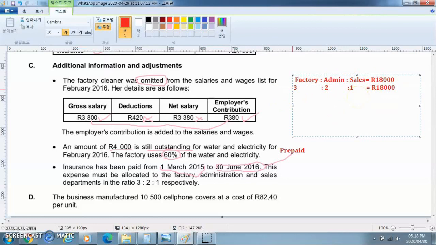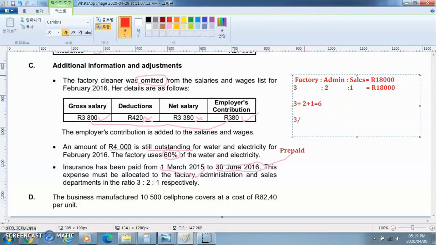So if you say the ratio, which is 3 plus 2, right? Plus 1. You get 6, right? So this 6 is equivalent to the 18 that we were able to work out at the top, right? So now that you have the total ratio, you should be able to work out the portion for factory. So the next step now, to get the portion for factory, you will just take the portion for factory, which is 3, right?